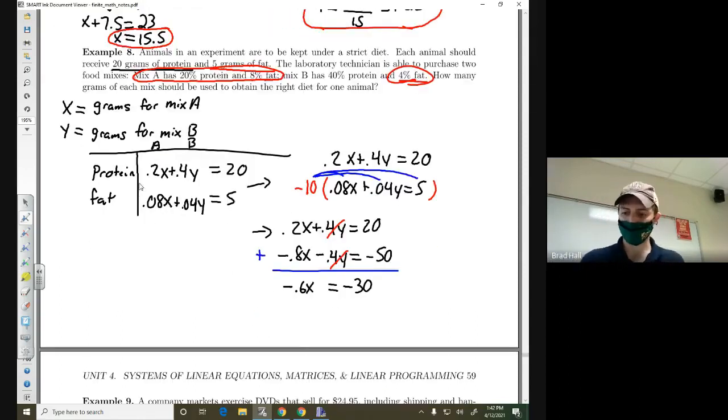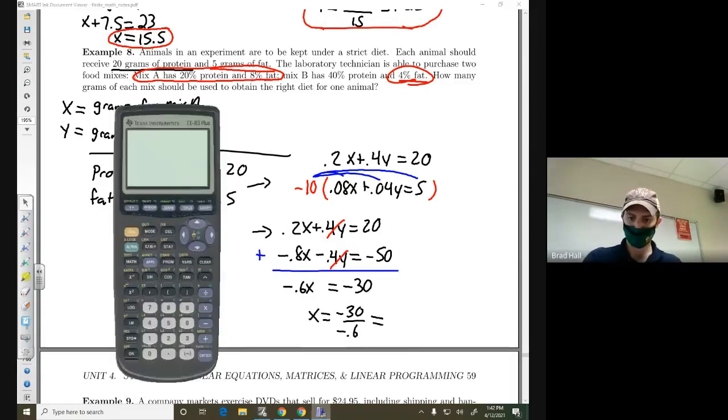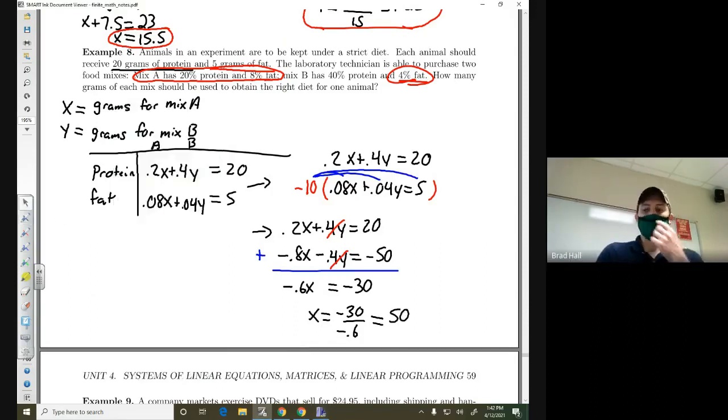And then to solve for x, x is equal to negative 30 divided by negative 0.6. Was it like 50 or something? 30 divided by 0.6 is 50 grams. So this tells us that we would need 50 grams for mix A.